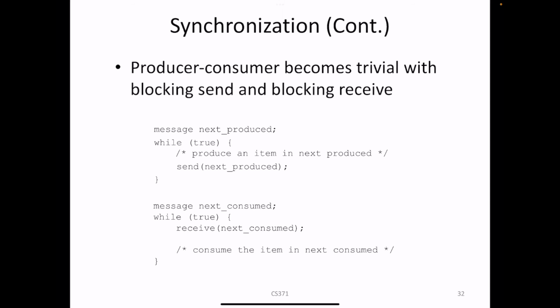Before the new item is received by the consumer, the producer process will be blocked. Until the new item is received by the consumer, the producer process will not return. Similarly, the consumer will be blocked until the new item has been received, and then the consumer process will return as well.